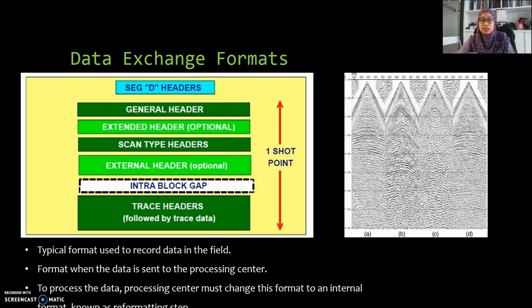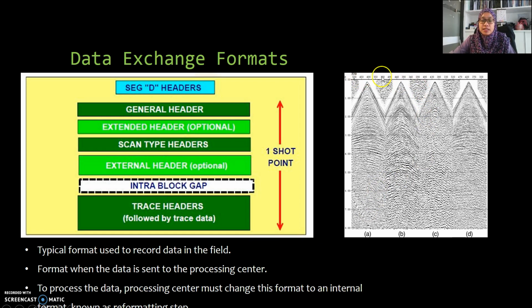This internal format varies depending on each processing company. The process of changing from SEG-D format to an internal format is known as the reformatting step in seismic data processing. I won't go into details of seismic data processing because that is when you take your major in geophysics in 4th year.